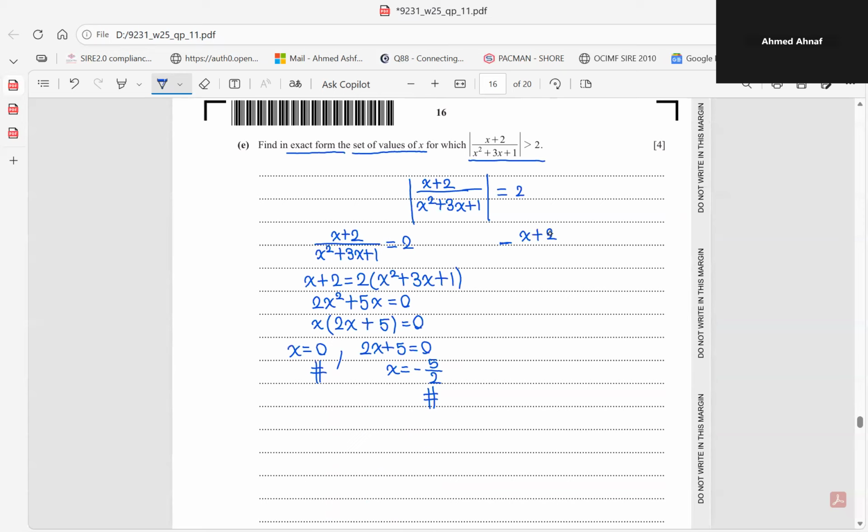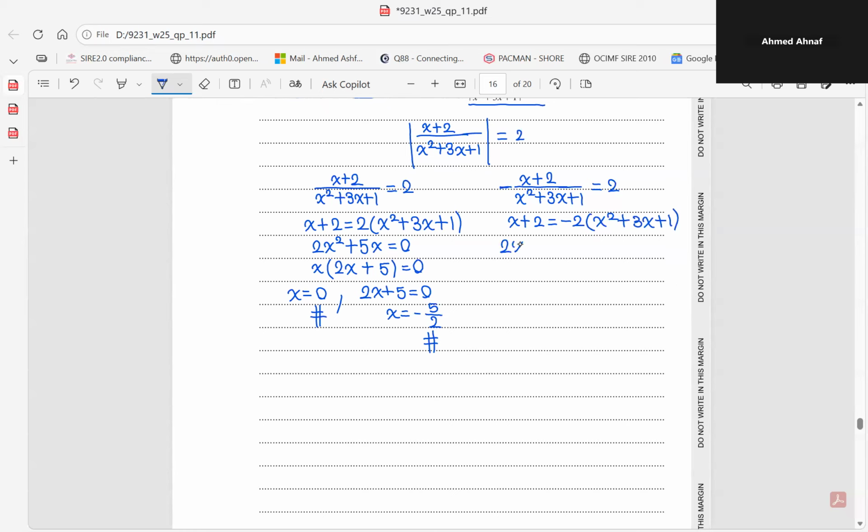So we'll just put the negative sign for this one. So x plus 2 over x squared plus 3x plus 1 equals 2. Then you get x plus 2 equals minus 2 times x squared plus 3x plus 1.